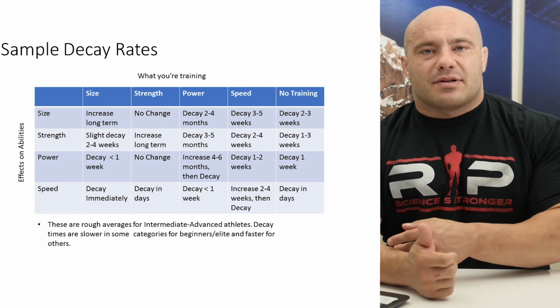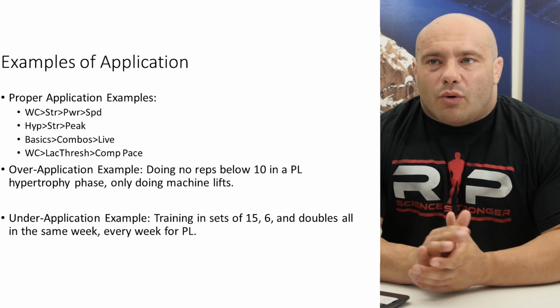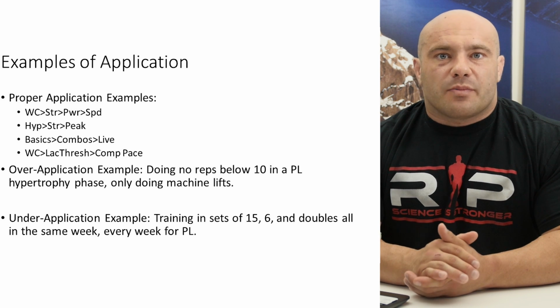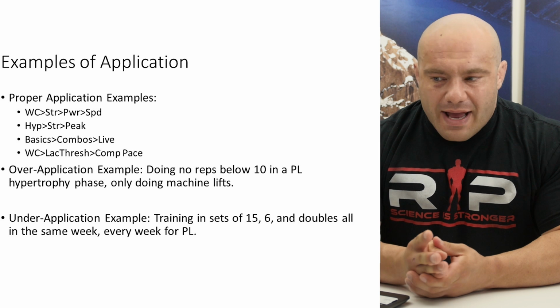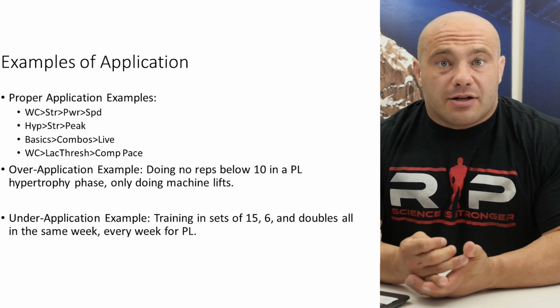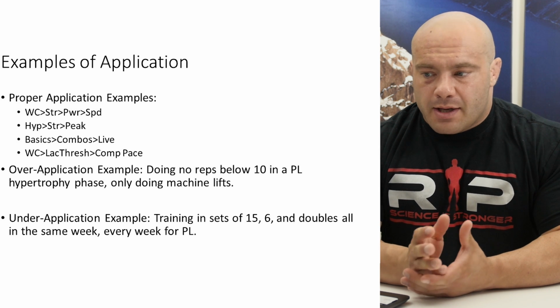So let's get into some examples of application. Well, the proper examples are all over sport training. For example, some classic phase potentiation or periodization models: a work capacity phase in sport, into a strength phase, into a power phase, and into a speed phase, used in tons of team sports and speed sports all the time.